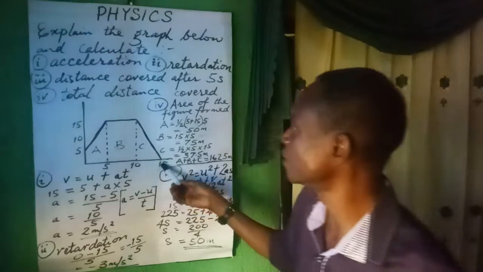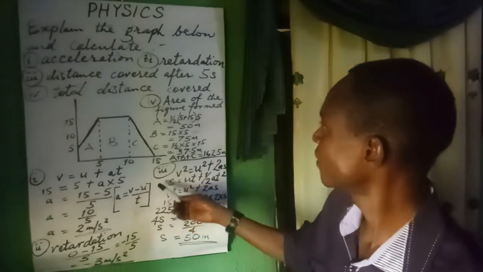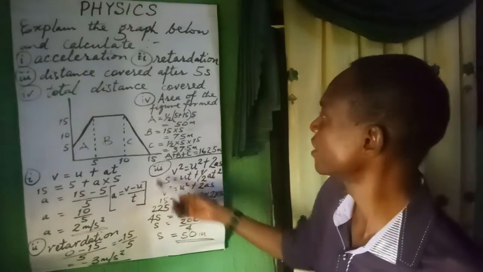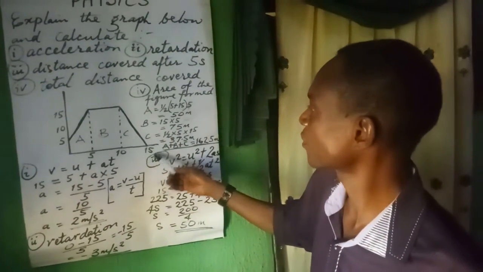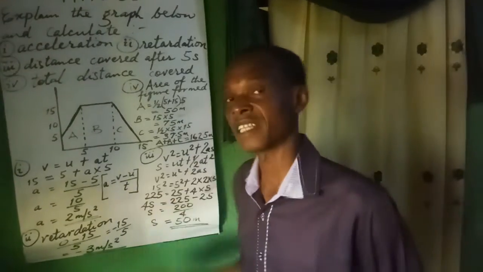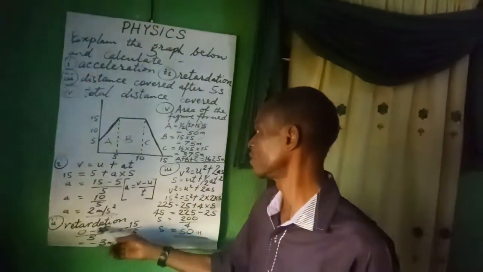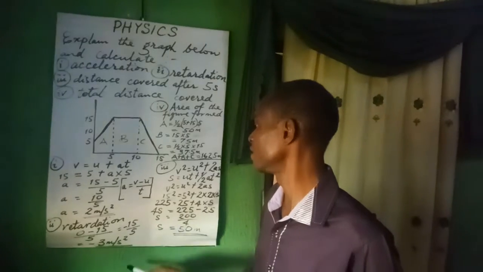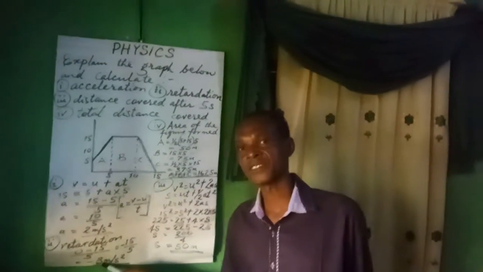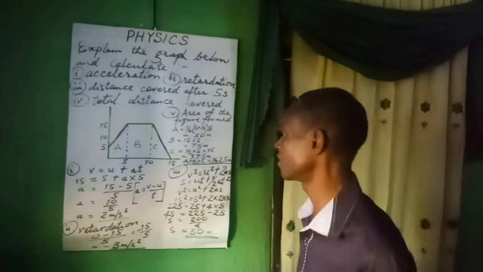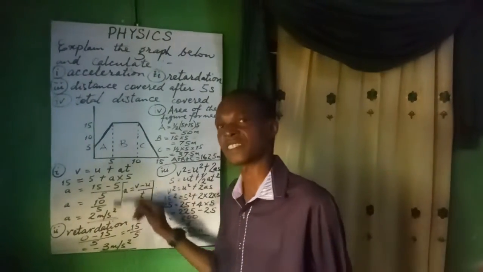So instead of 15 being our final, we are going to take it as initial. In which case we'll have 0 minus 15, which is minus 15 all over 5, which will give us minus 3. That is negative acceleration. Note, there is a twist. It is a reverse of positive acceleration.